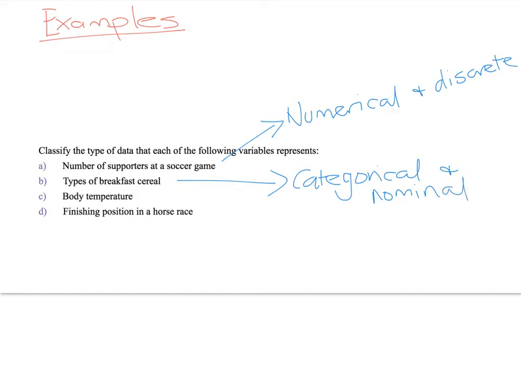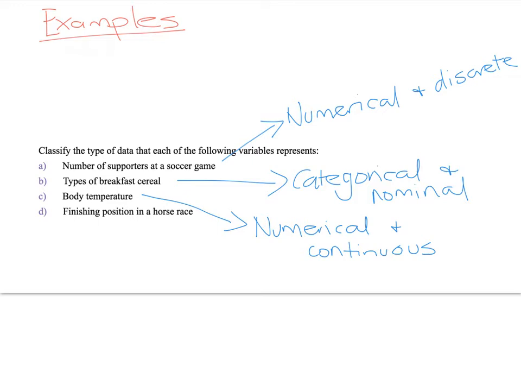Body temperature is again numerical, where we're going to be measuring it using numbers, and because we are measuring it, it's continuous. That's because it could be 32.7 degrees, or anywhere along that number line idea.